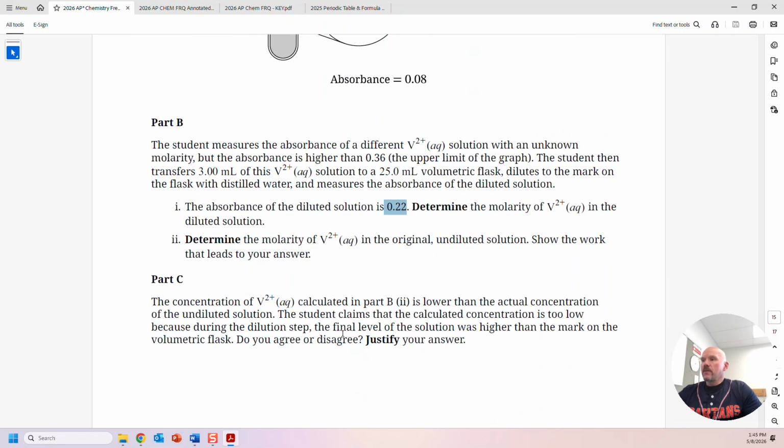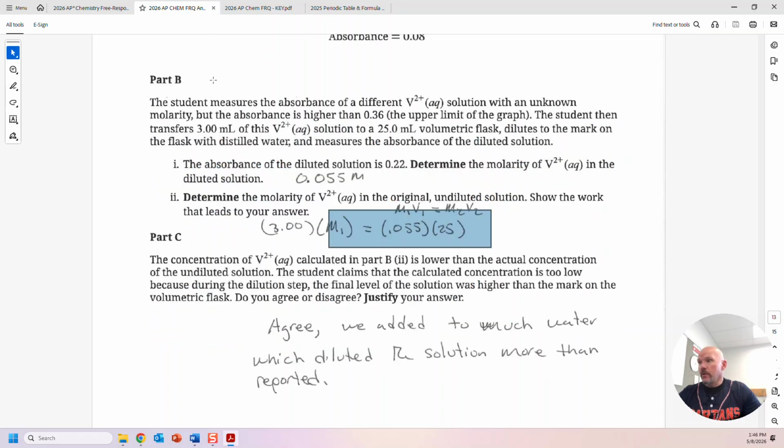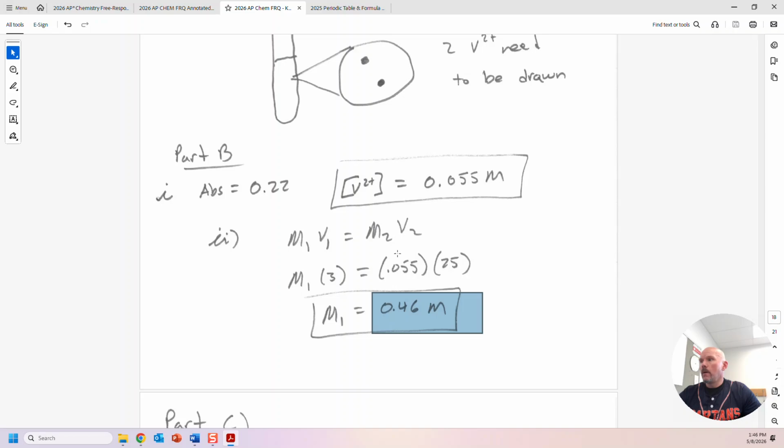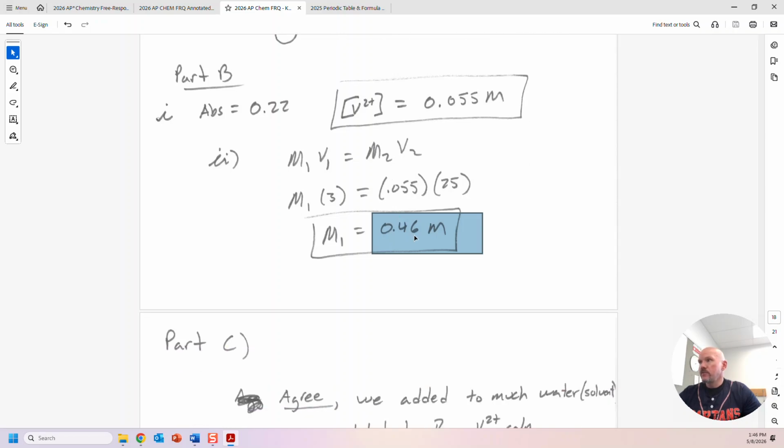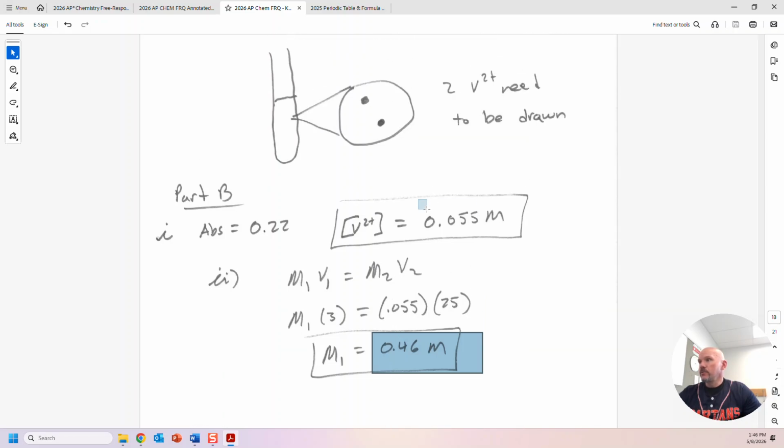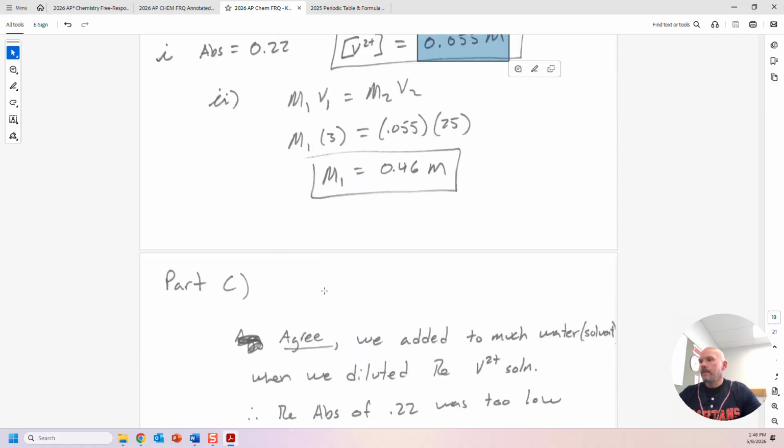All right. So the question is, the student claims that the calculated concentration is too low because during the dilution step, the final level of the solution was higher than the mark on the volumetric flask. Do you agree that this could be why this calculated value is less than what it should be? Okay. And you should agree, okay? We added too much water, which diluted the solution, right, more than what was reported, right? So we thought we diluted the solution to this molarity, but we really diluted it more, right?